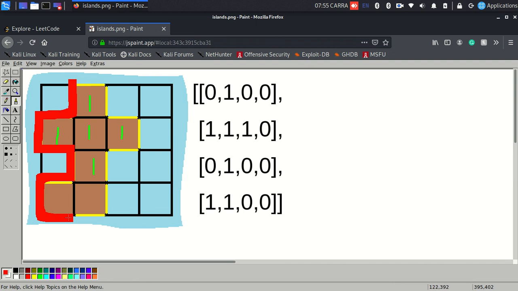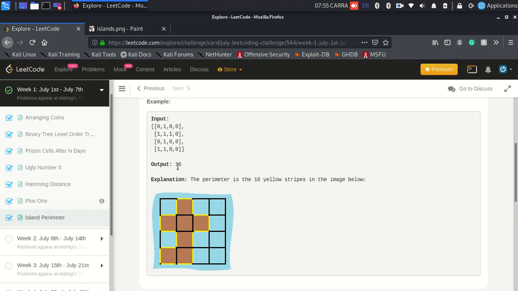Notice how 1 unit of that cell is 1 unit of dimension. Up till here 8, now 9, this is 10, 11, 12, 13, 14, 15 and 16. So the whole perimeter of this island is nothing but 16 units. You can see that's the output, 16.